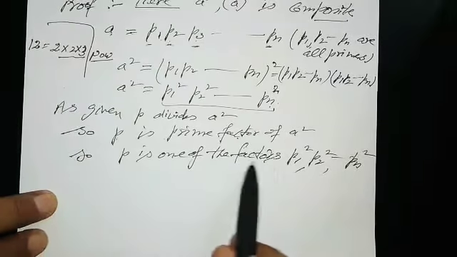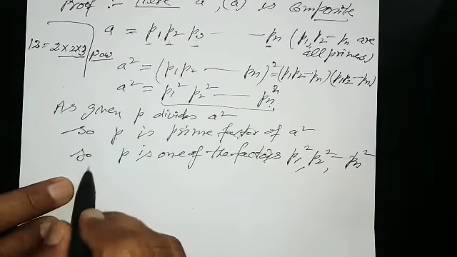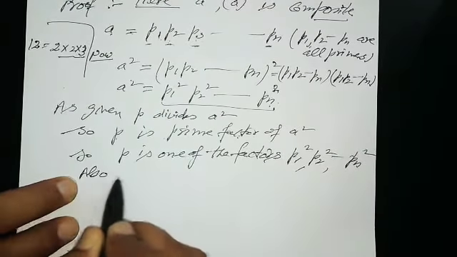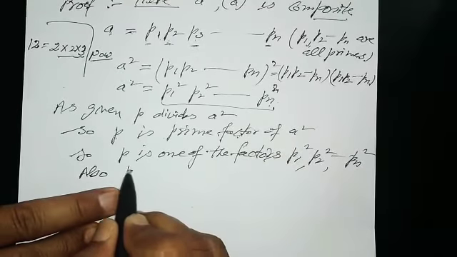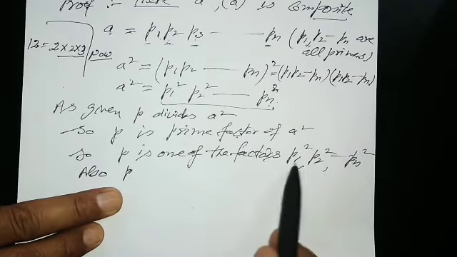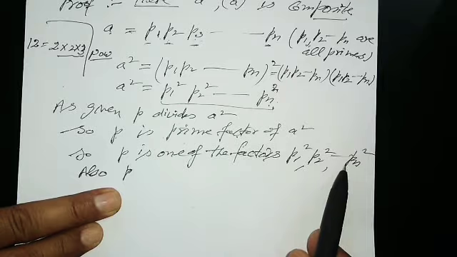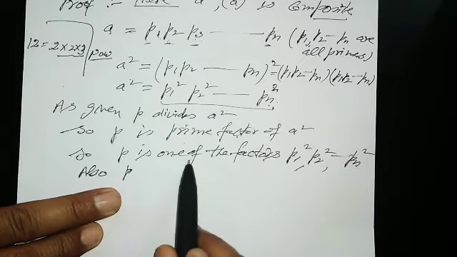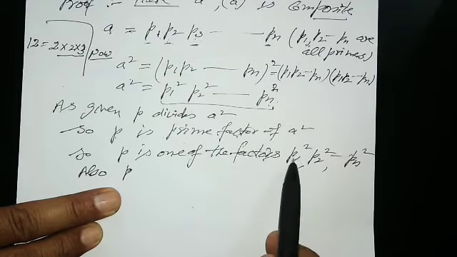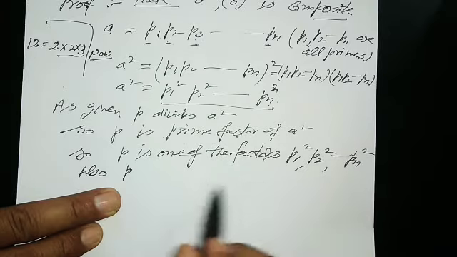So p is one of the factors. Also, if p is one of the factors, then p will divide the product of these factors.